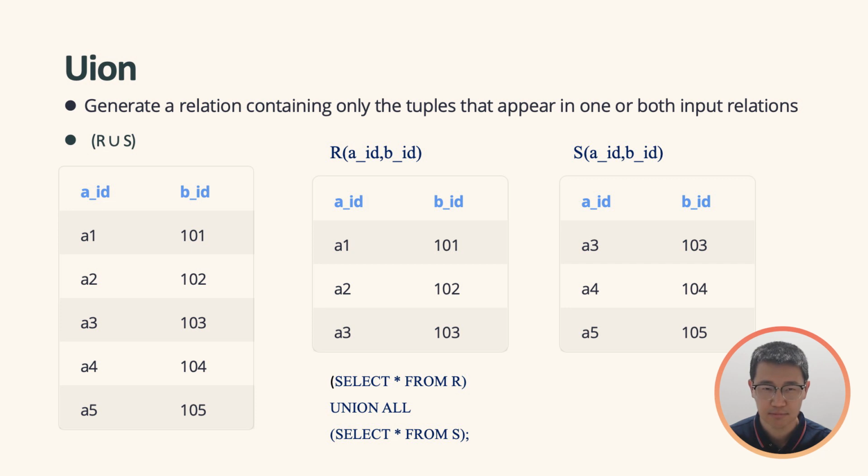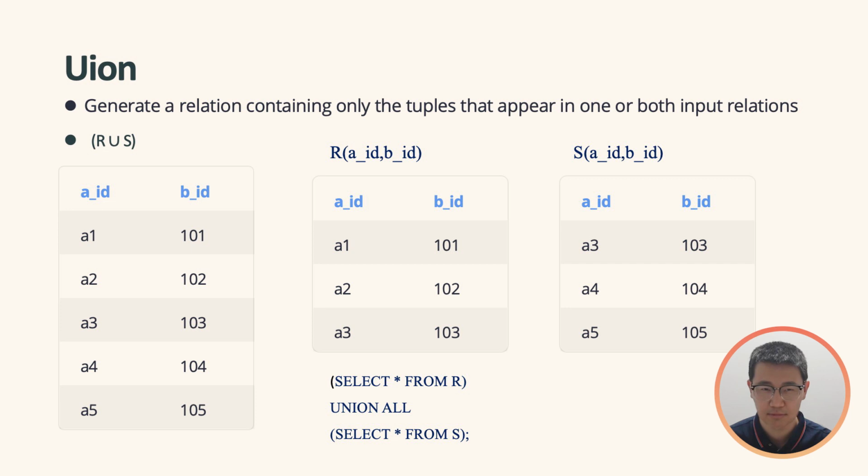The union operation means that I input two relations and output one relation. The input relations must have the same attributes. What this means is that my operation of doing a union is to combine the tuples of the two input relations.